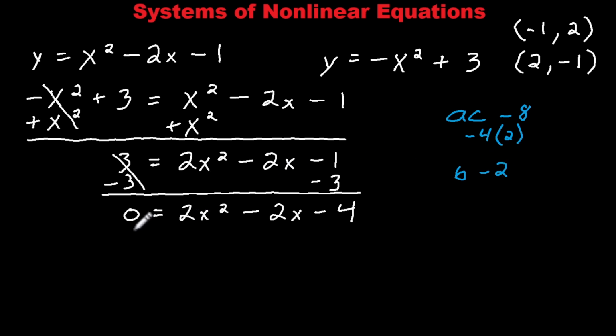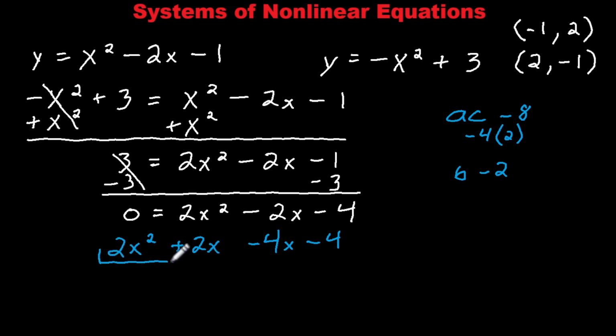So now this down here, I can break this into two pieces. So I'm going to bring down the 2x squared, and I'll bring down the minus 4. And now what I'm doing is I'm taking this minus 2x and breaking it into minus 4x and plus 2x. Well, the minus 4x looks like it would work really well factoring with this piece. And then over here, I can put the plus 2x.